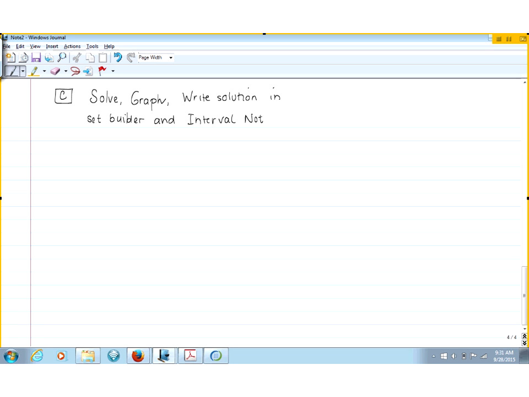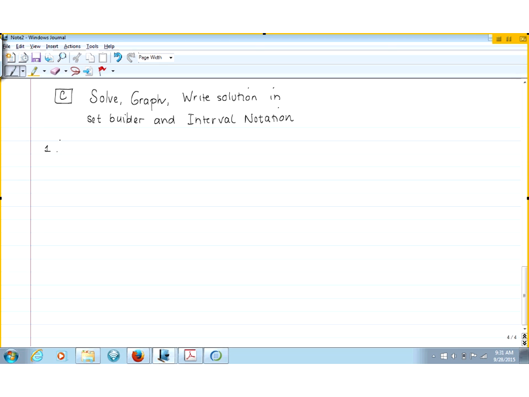And we graph because an inequality has infinitely many solutions. So let's do the example.